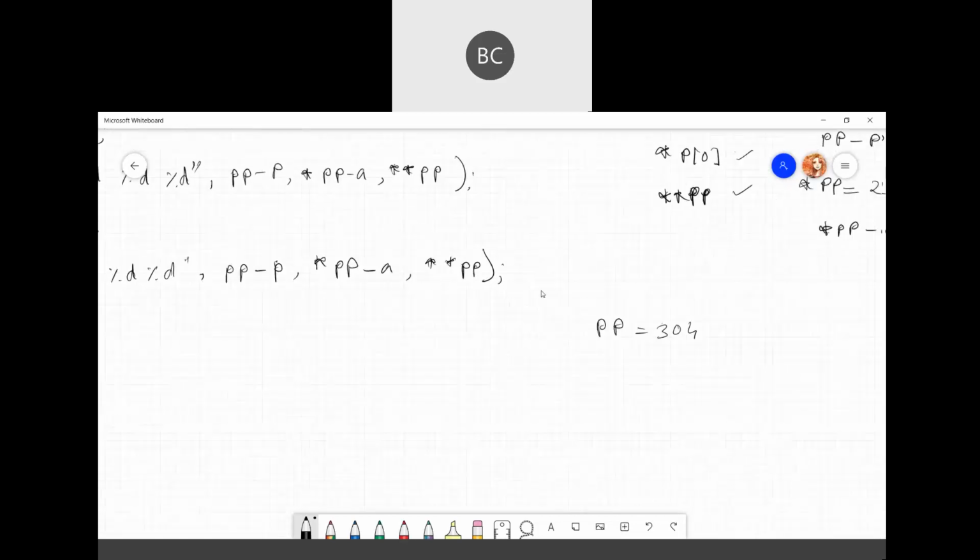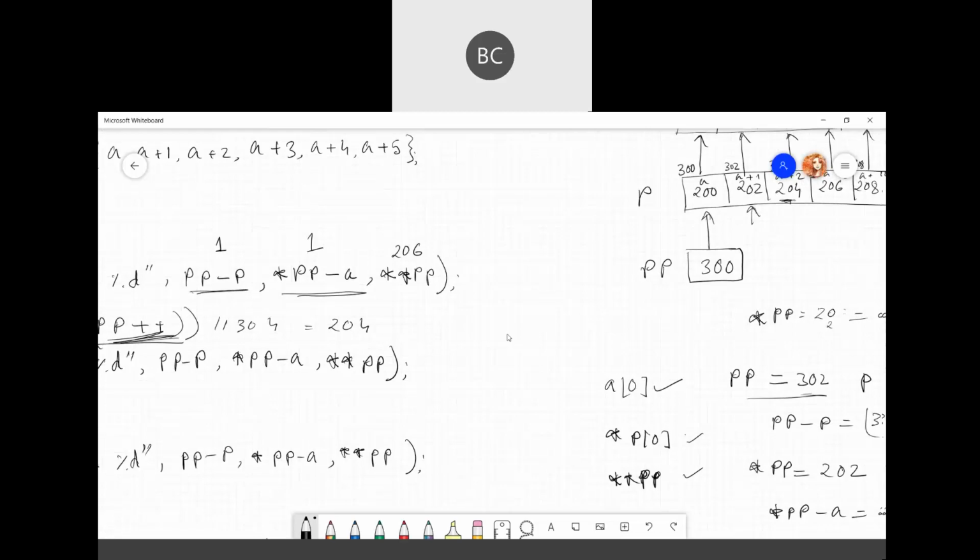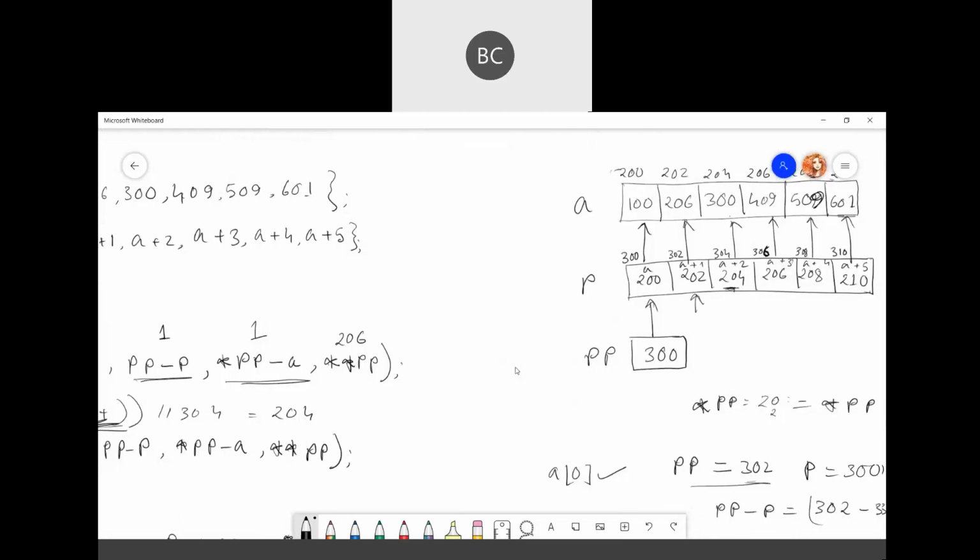Here we have PP, which is already 304, and P is still 300.